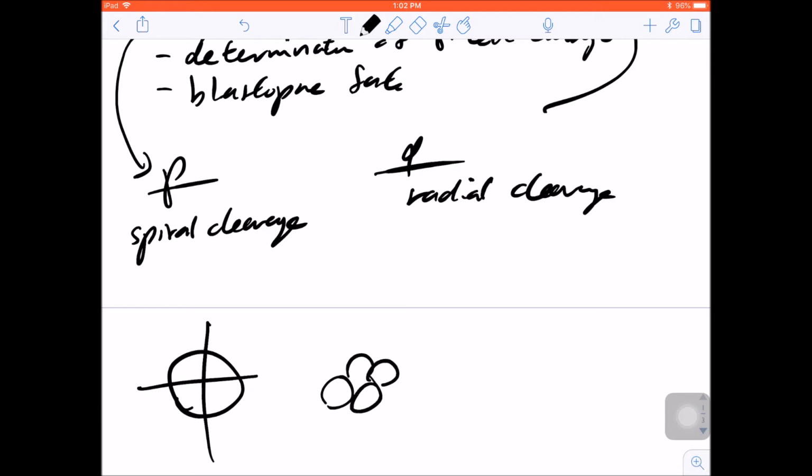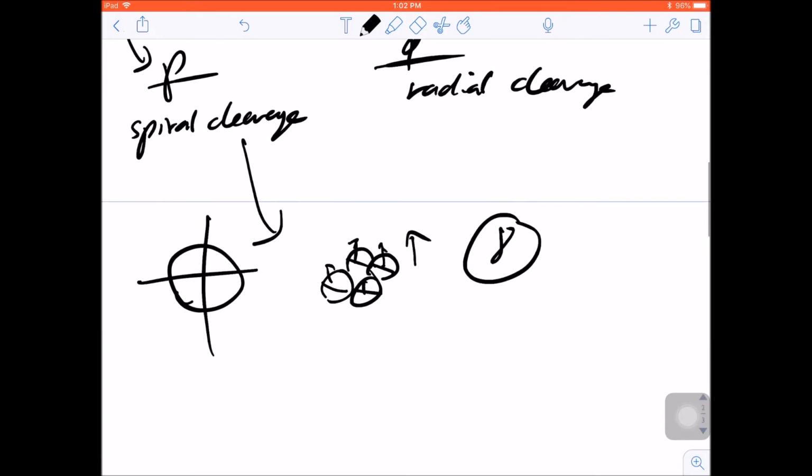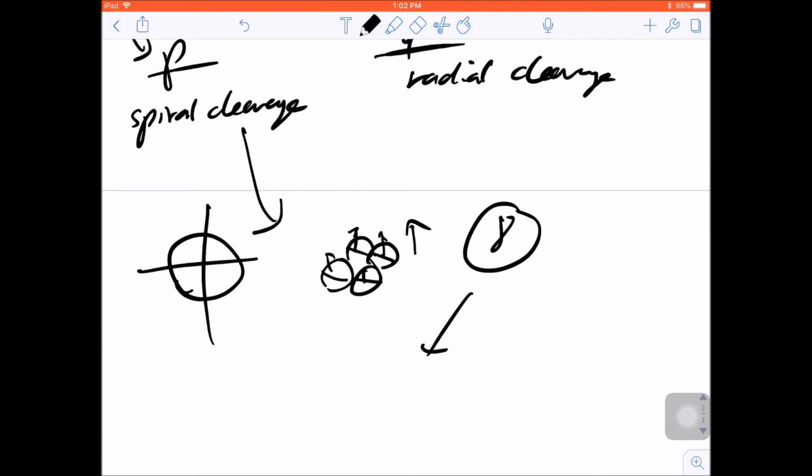Once it's four cells, it wants to divide upwards to 8 cells, right? To make the 8-cell embryo. In spiral cleavage, when it divides to 8 cells, each one of these cells divides upwards, but they split on a kind of shifted axis. So the resulting 8-cell embryo looks, I don't know if I can draw this well. Let's try that again.